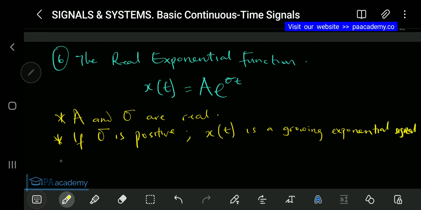But if our sigma is negative, that means our x of t is exponentially decaying.